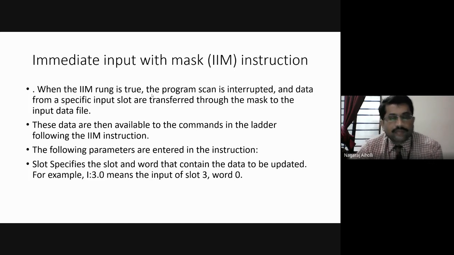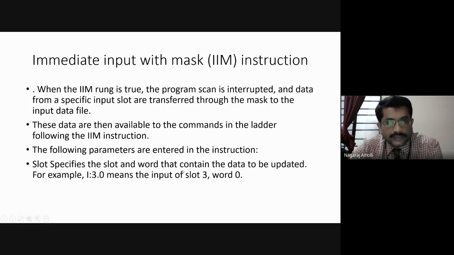Once we copy them to the input image table file, the data is available for the other instructions of the ladder rung. These data are then available to the commands in the ladder following the IIM instruction.